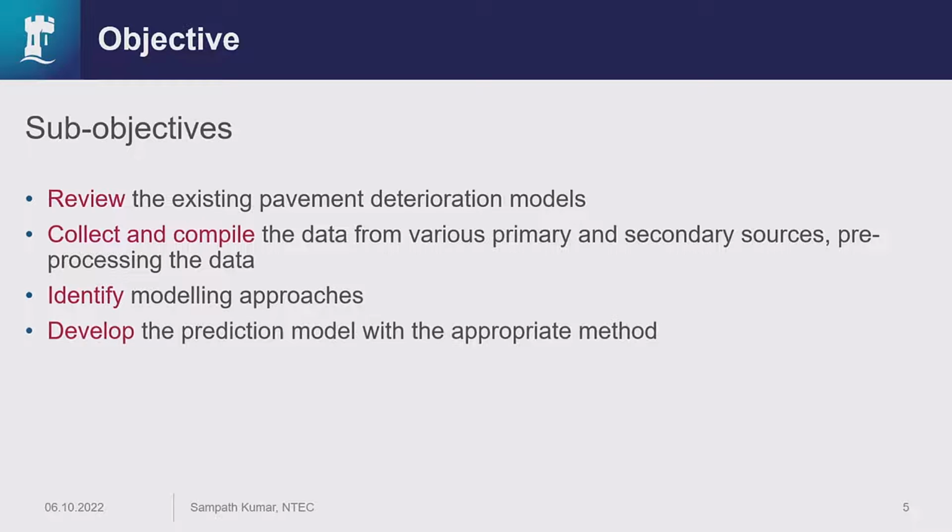The next is to develop the prediction model using that approach. And finally, we validate the model, and if it requires any calibration, we calibrate it. So in a nutshell: review, collect, identify, develop, and validate the model.